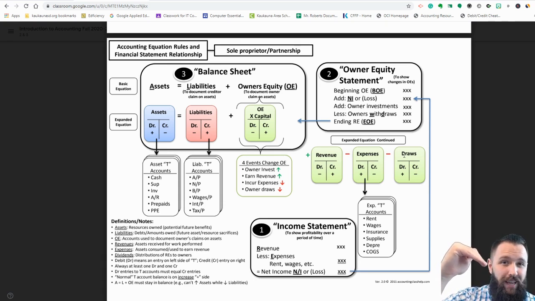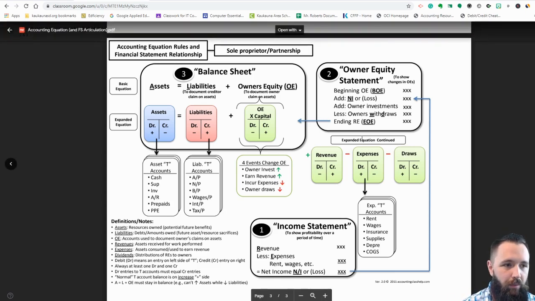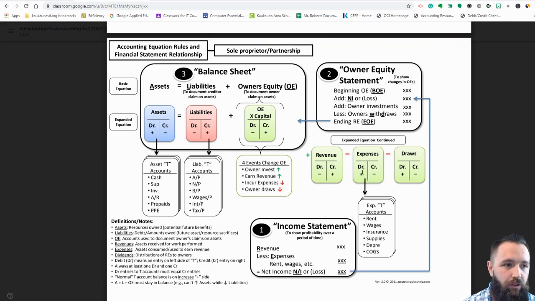That capital or equity goes down with a debit. So in order to make it go down, for an account like expenses, we need to increase the expense account for our owner's equity to go down. This is by far the hardest thing that students have right here, remembering that this expense account has a normal debit balance. And remember, this can be rent, wages, insurance.